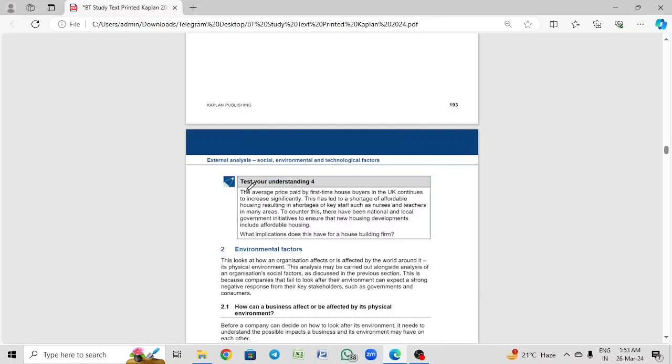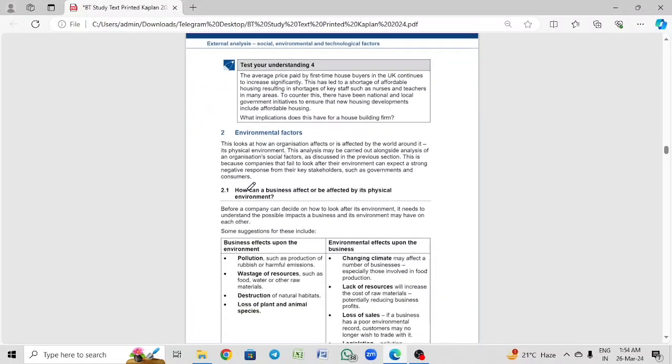What implication does it have on the house building firms? The initiative will be viewed as a threat to profitability, as the firm will have to rent out or sell properties below the market price because of the government initiative of providing housing facilities.